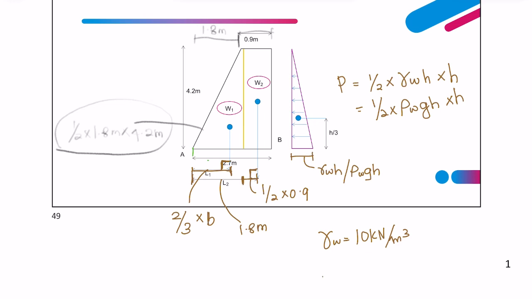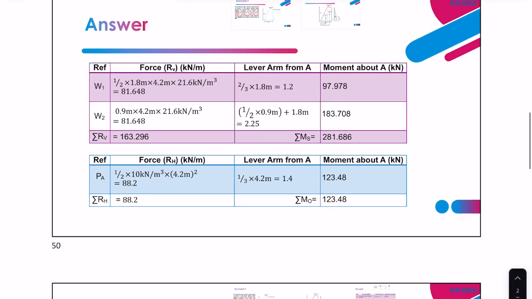It will not change. And the density of water is 1000 kilogram per meter cube. It will not change. So if the question does not give it, you can use either and choose whichever formula you want. In this case I use the unit weight. So we put in our formula from earlier, which is half times the unit weight of water times H to the power of 2.